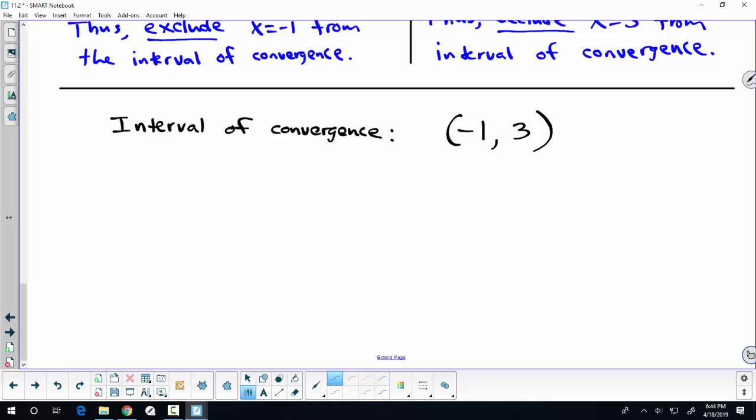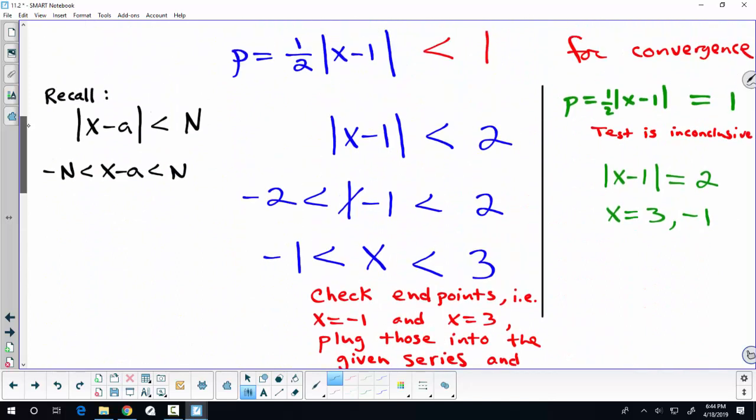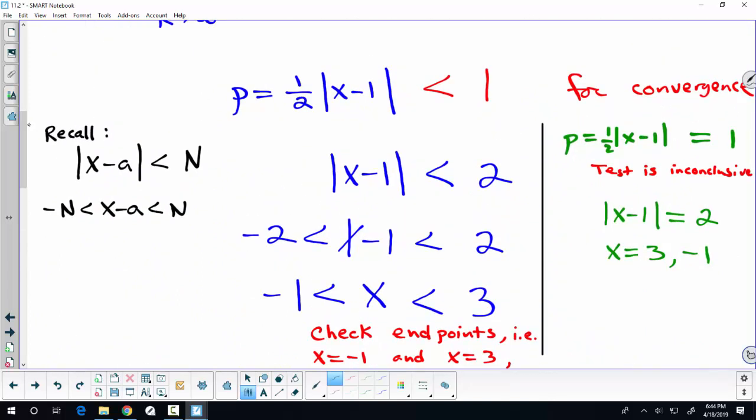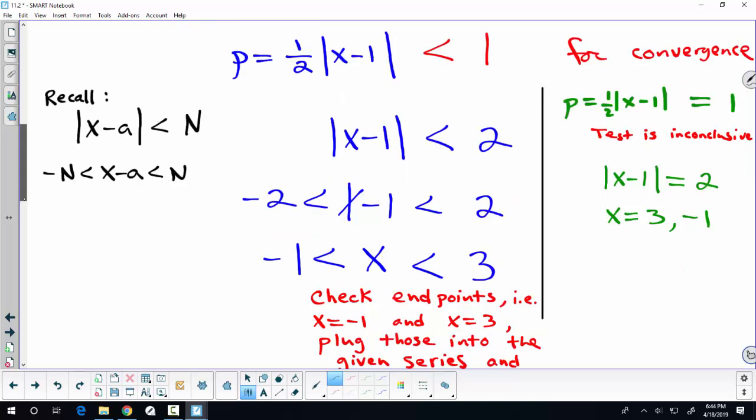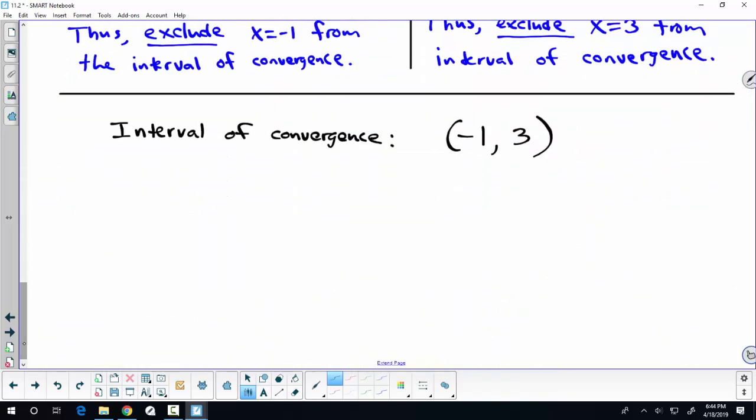Yeah, so we actually have found the radius in this step right here. We have the absolute value of x minus our center is less than 2. So our center is at 1, the radius is 2. The radius of convergence is 2. What's the center?